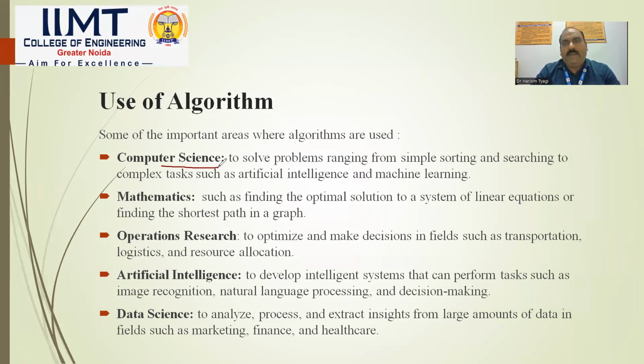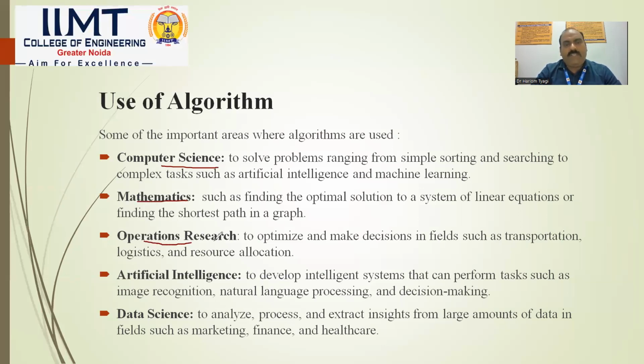In computer science, we can use them for searching, sorting, and solving any complex task such as AI and machine learning. After that, in mathematics we can find the solution of linear equations and find the shortest path of a problem.